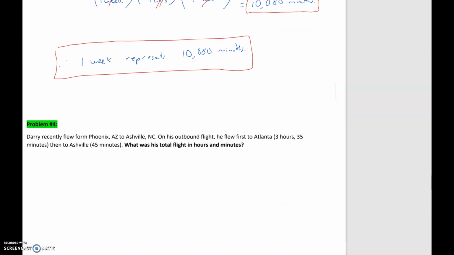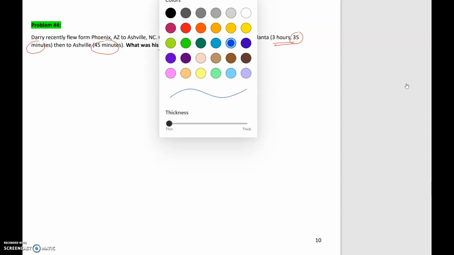Okay, let's move on to example 4. Take a second and read it. There's 2 measurements that they want us to take note of, and this is 3 hours and 35 minutes, and then technically the 45 minutes. They want the total flight time in hours and minutes.